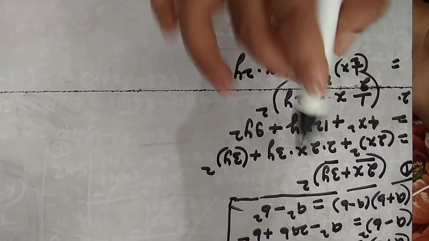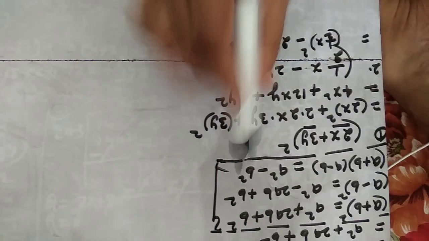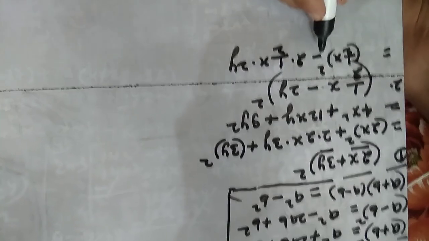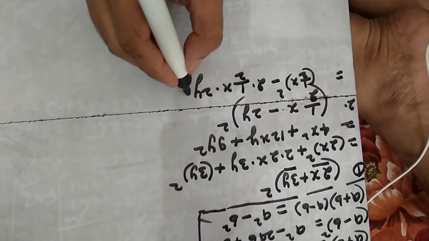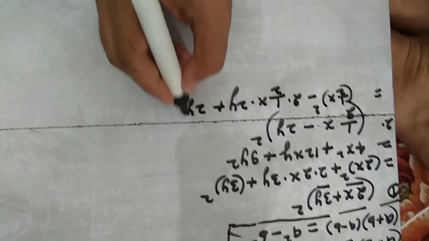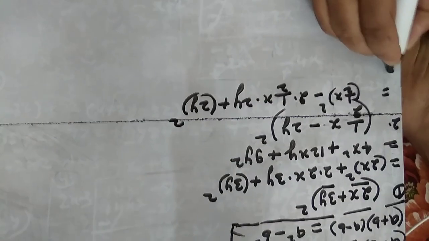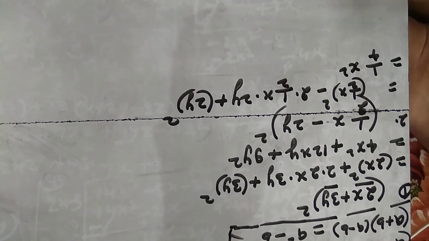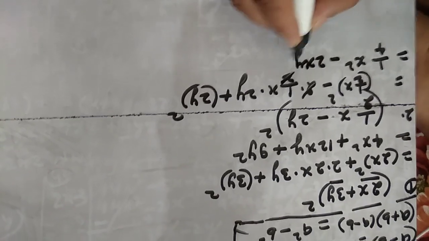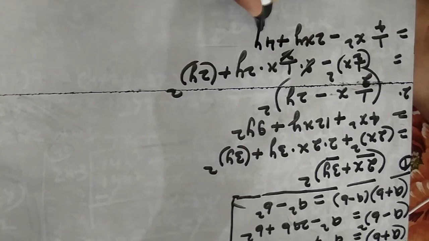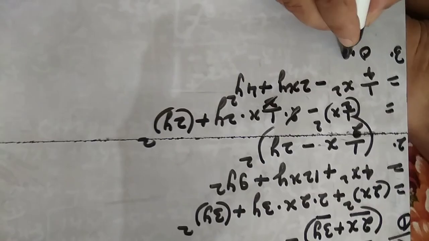We have the formula a square minus 2ab plus b square, minus already written. We needn't write minus here, it will be wrong. Then b square. After the simplification, we have 1 by 4 x square, 2 and 2 cancel out, minus xy plus 4y square.